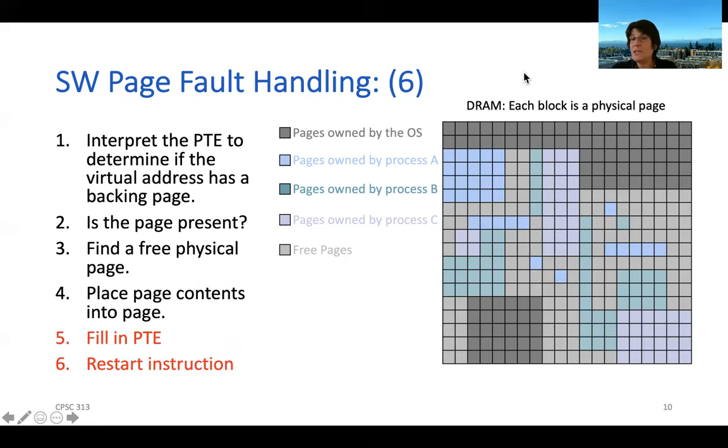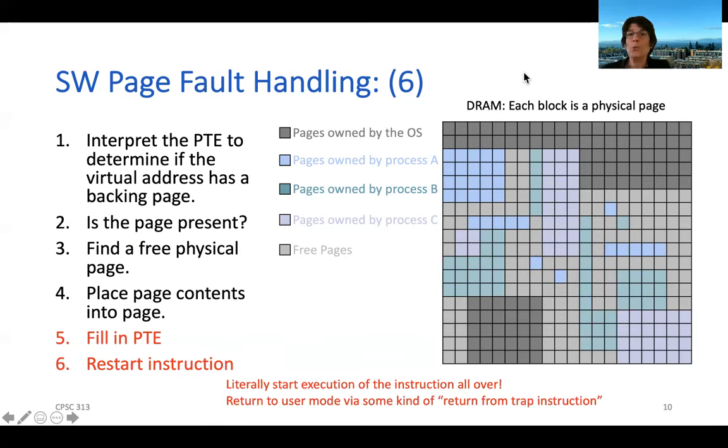Now I've got a valid page. It can be part of your address space. So I go and I update the PTE and say, oh, that page you wanted, here's where it lives. So I change that entry from saying it lives on disk somewhere to here is where it lives in main memory, here is its physical page number. And then once I've got that, I just say, okay, go run that instruction again.